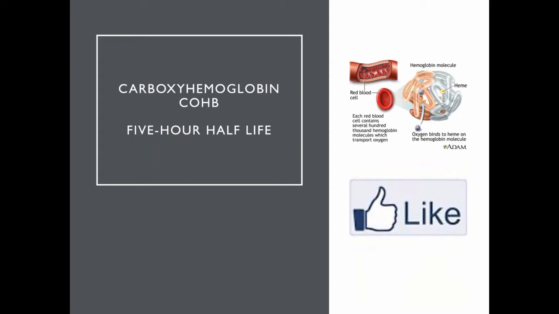So if you're in a boiler room and exposed to 500 parts per million, and we pull you out into the sunshine, and we're social distancing away from you, it's going to take 5 hours for that level in your blood to drop to half that amount, or 250, and another 5 hours to drop to half of that again. So it does take a long time.